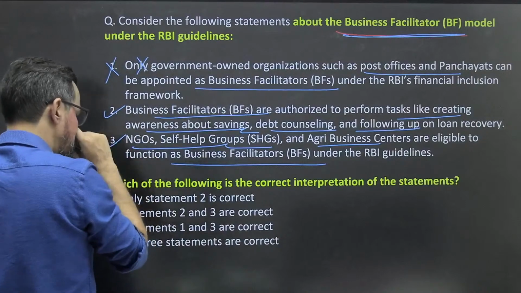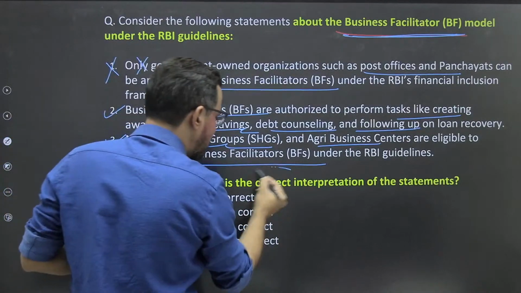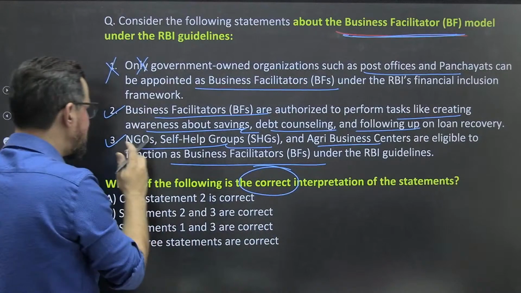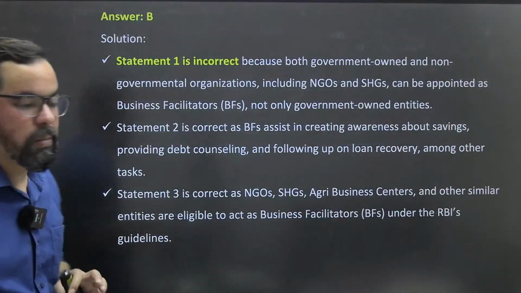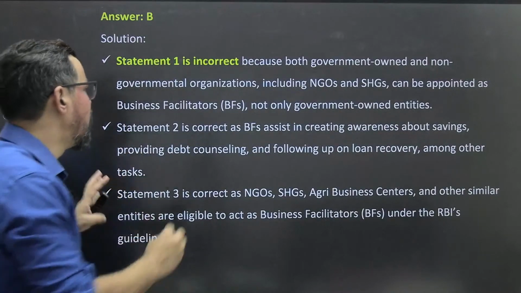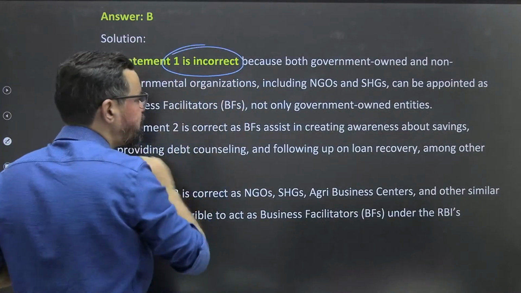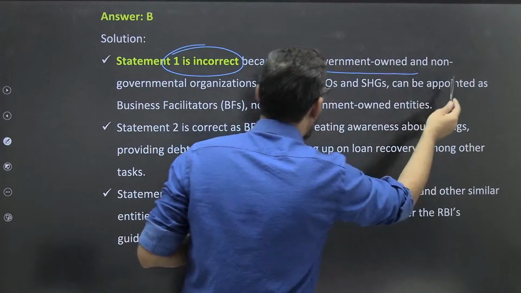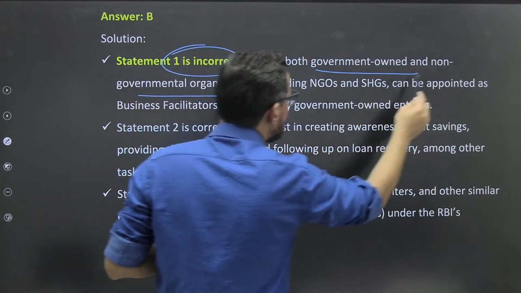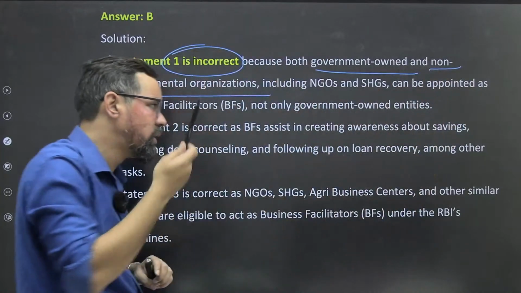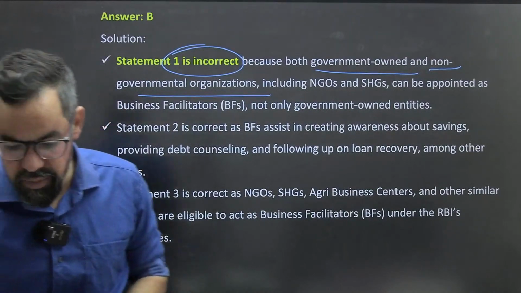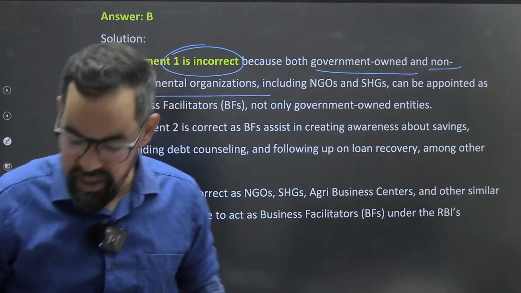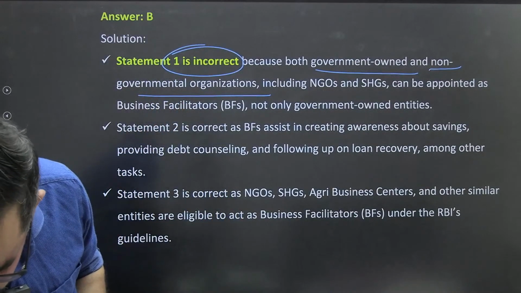Again, this is yes. So we have to find out the correct statements, and the correct statements are options 2 and 3. That means option B will be the right answer for this one. Statement 1 was incorrect because both government as well as non-government organizations, including NGOs and self-help groups, can be appointed as a business facilitator, and they can become a kind of channel to connect with the customers.